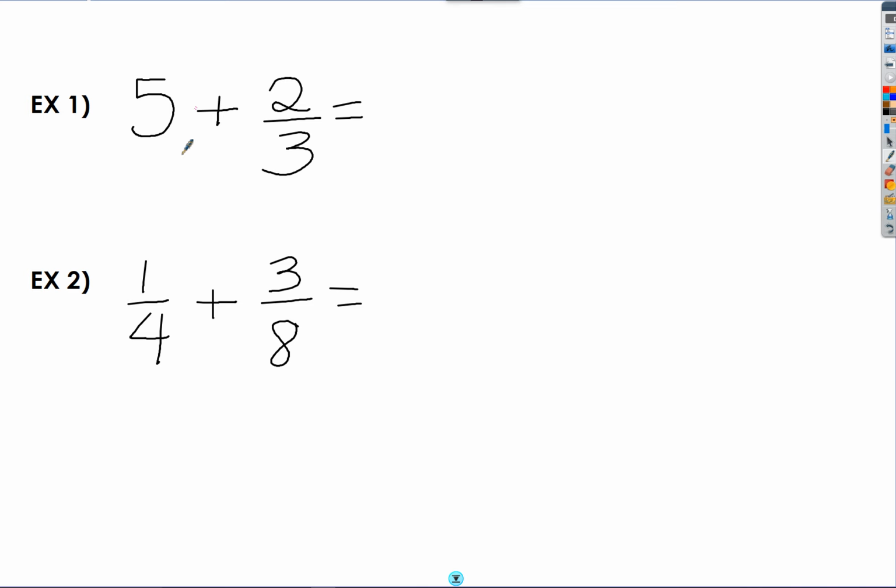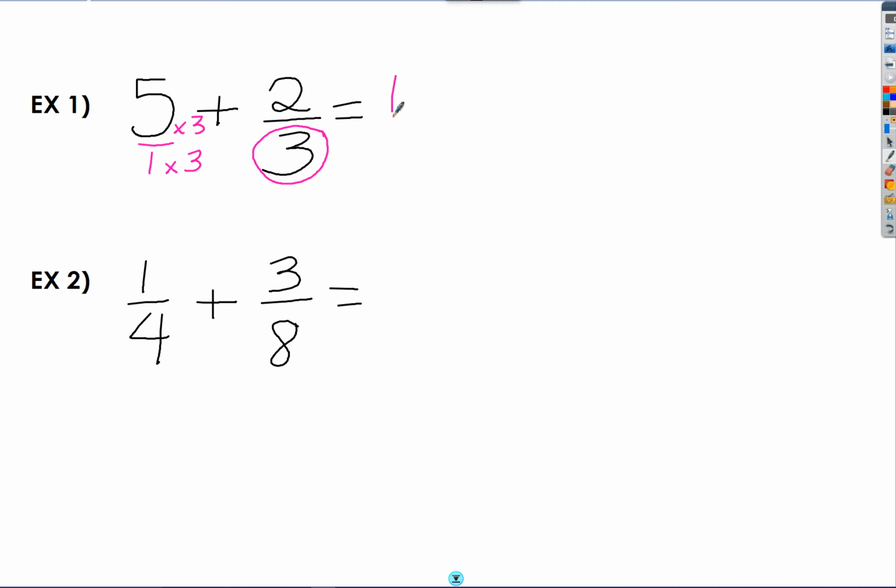So the first one, looking at 5 plus 2/3. I have 5 wholes plus a 2/3 piece of a whole. So first thing I know is that this has a denominator of 1. They are not common. And so to get a common denominator, looking at this denominator, which is a 3, we can multiply the numerator and the denominator of the other fraction by 3.